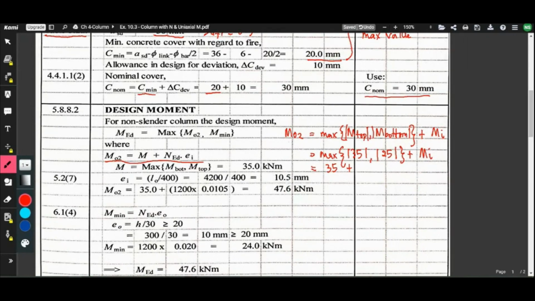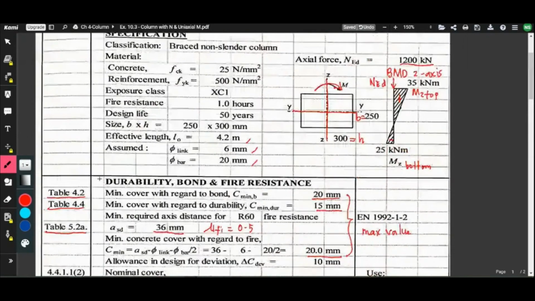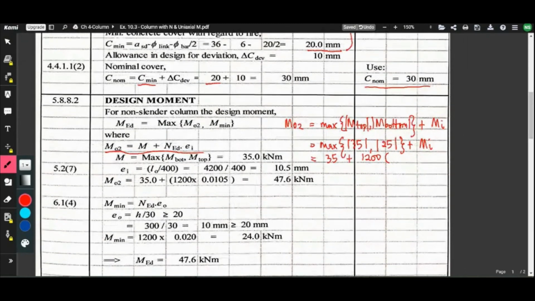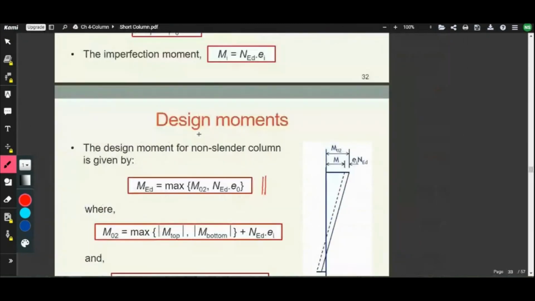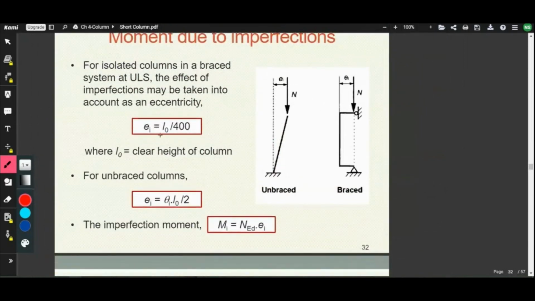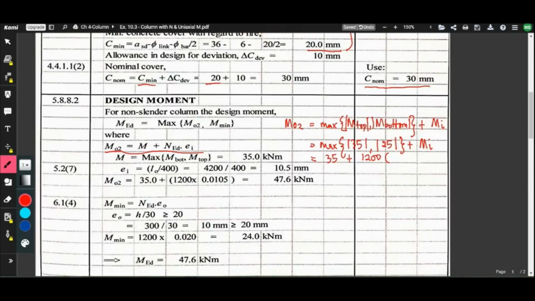NEd is 1200 multiplied by ei. If you refer to notes, ei would be l0 over 400, which is 10.5 mm.